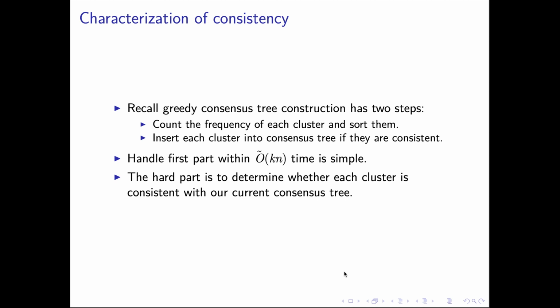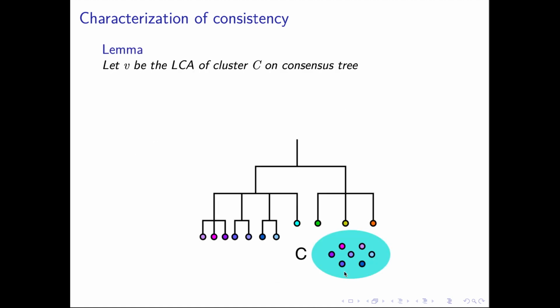If you want to check whether the new cluster is consistent with previous clusters, you will need to enumerate previous clusters if you implement it naively. But in their algorithm, they fully utilize the tree structure of our consensus tree, which allows them to avoid such enumeration. The idea works like the following.